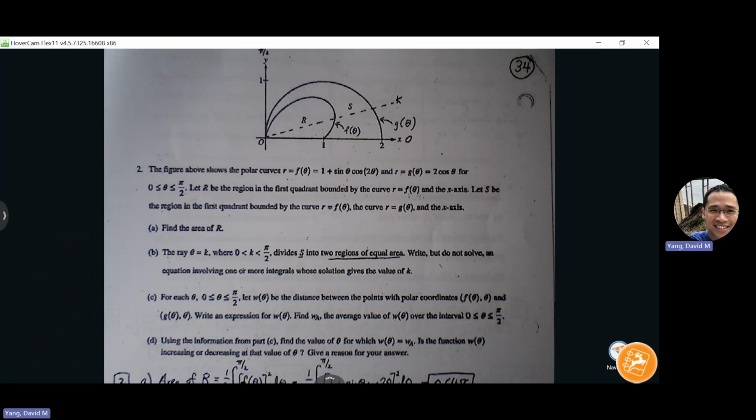I'll say yes, because when we do the ratio test, we completely disregard the alternating signs. It's a sub n plus 1 divided by a sub n, and if that is less than 1, we have interval of convergence.